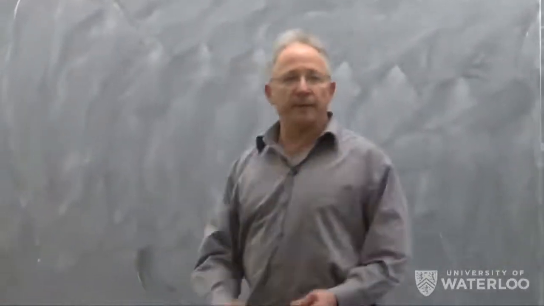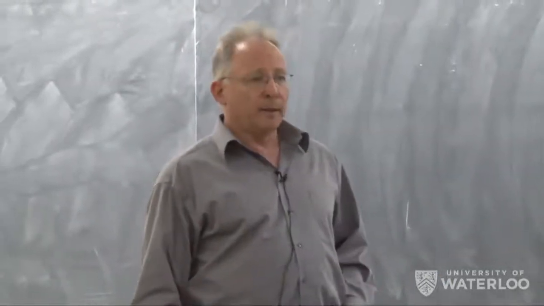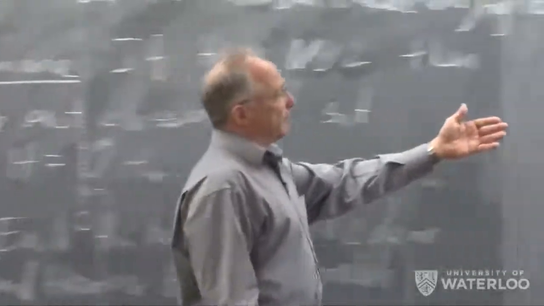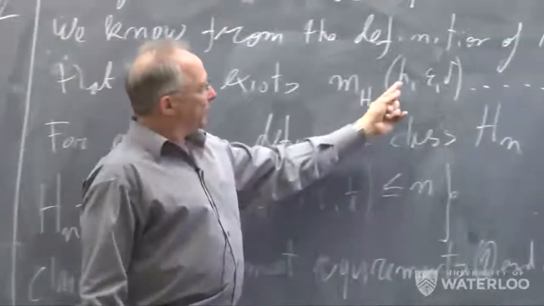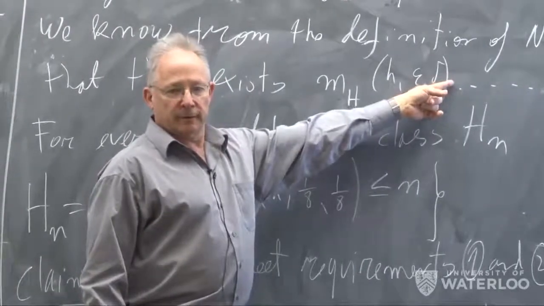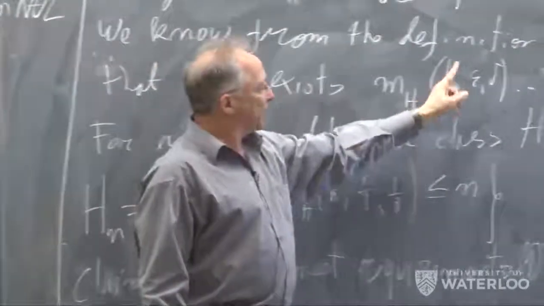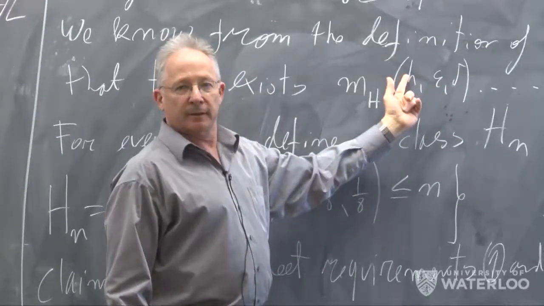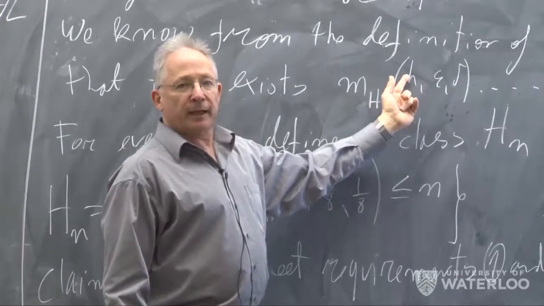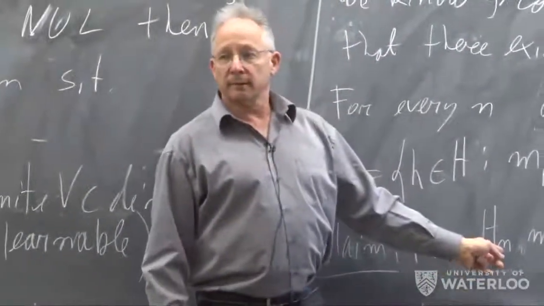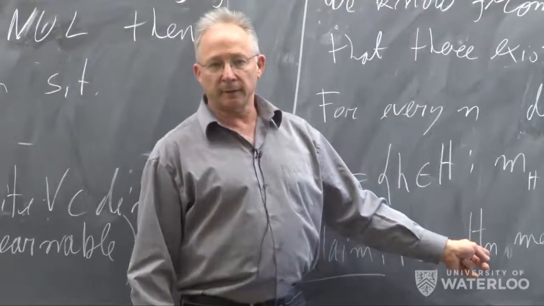Okay, so why do I meet requirement 1? Because this function gives me a natural number. For every h, epsilon and delta, it will give me some number. So for every h in H, if I put here 1 over 8, 1 over 8, I'll get some number. So every h in H will be in one of those capital Hn.